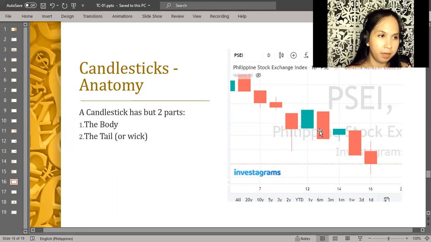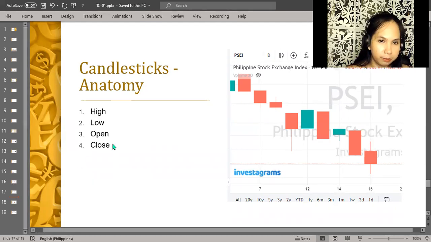Sometimes it can appear white or black, respectively, depending on which tool you are using. In a daily chart, a single candle summarizes an entire trading day. And you really have to pay attention to four important points in a candle. So we have the open, high, low, and close.